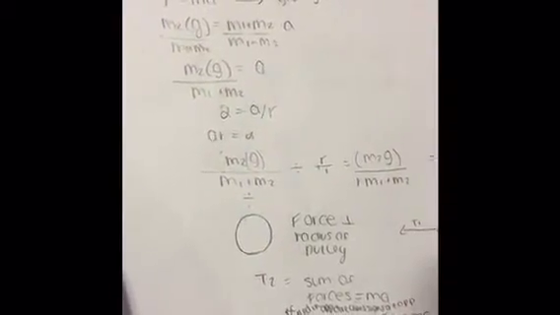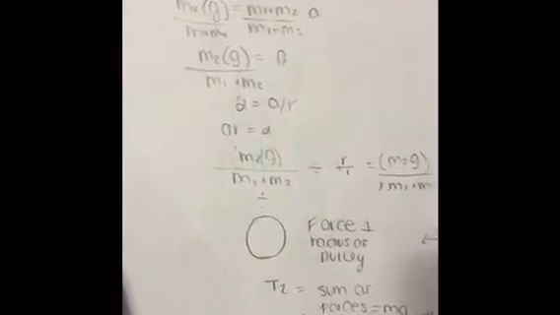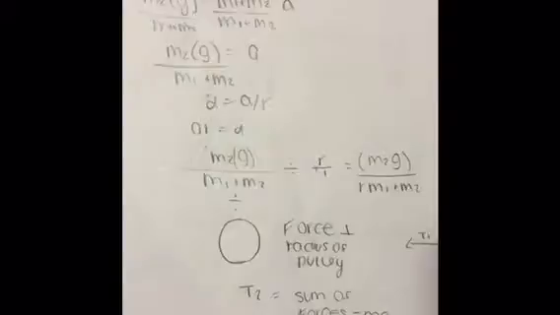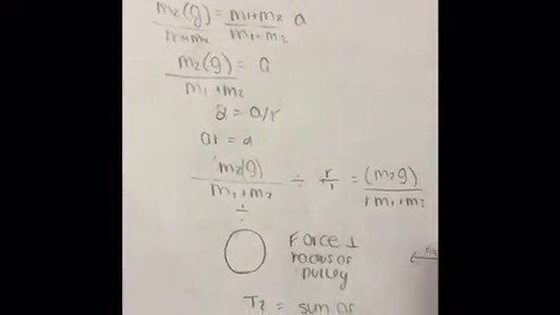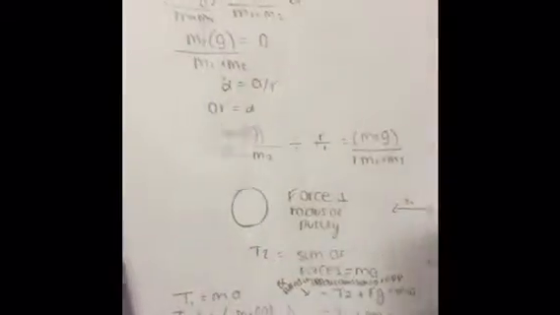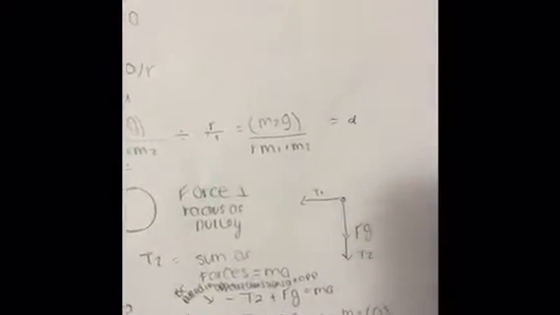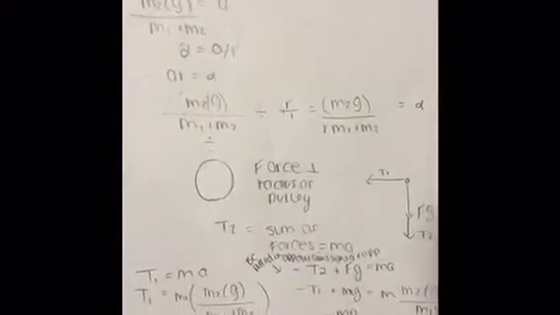m1 plus m2 times a, because those are the masses in the problem, and you end up getting that a equals m2g divided by m1 plus m2, and you want to convert that to angular, so you do a divided by R, and when you do that, you get that it equals m2g divided by R times m1 plus m2.